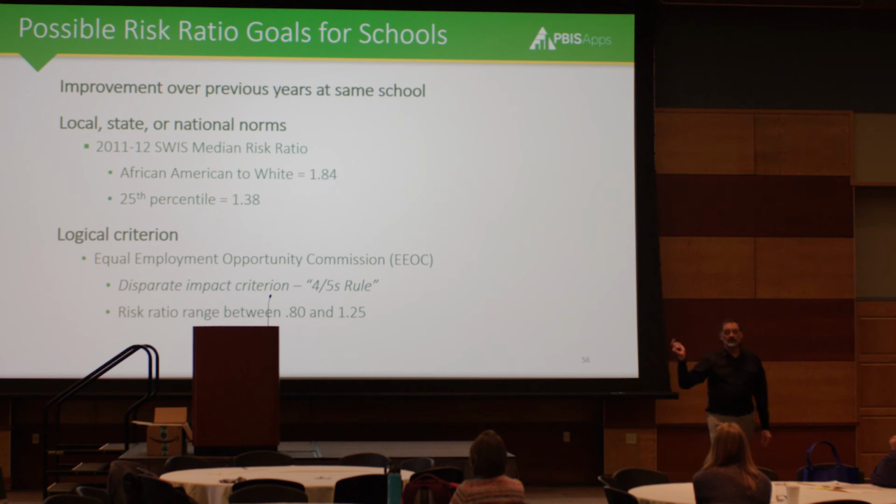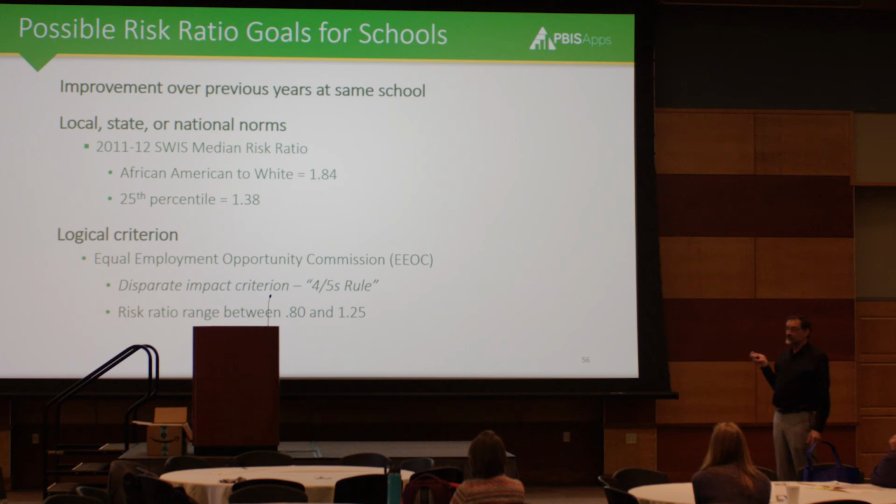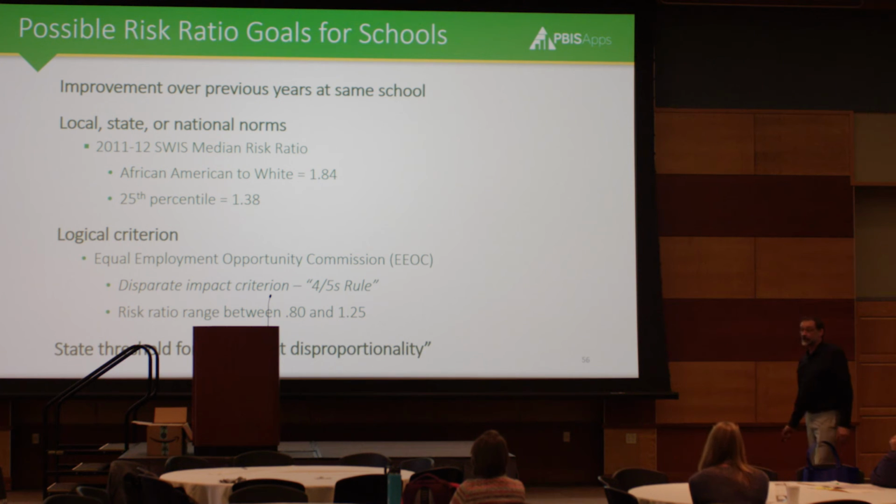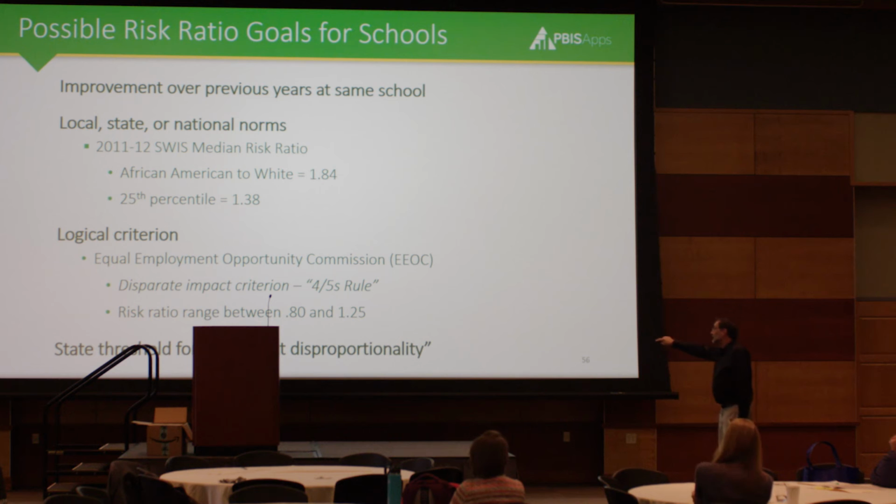So the only place where the feds actually use a threshold around this is in equal employment opportunity. Well, this is what the TA Center has kind of settled on. We've said 1.25, maybe that should be our goal. Well, I've got to tell you, that's going to be a lofty goal. If we can get everybody to 1.25, we'd be changing the society.